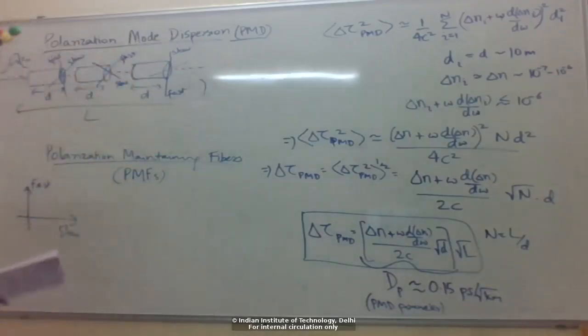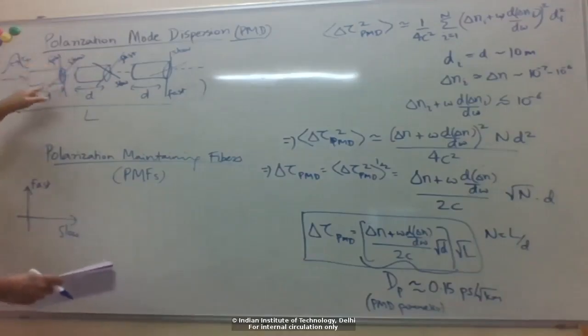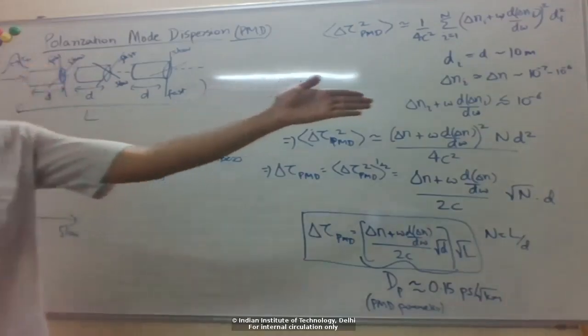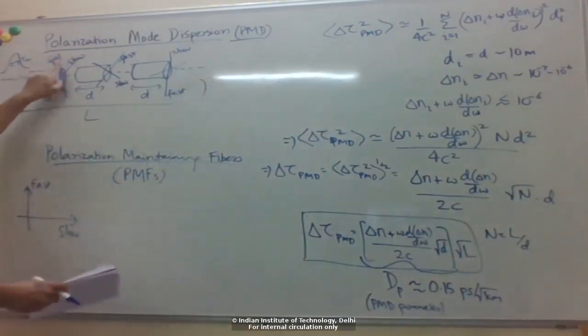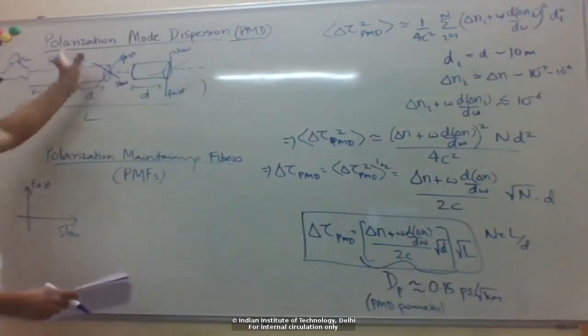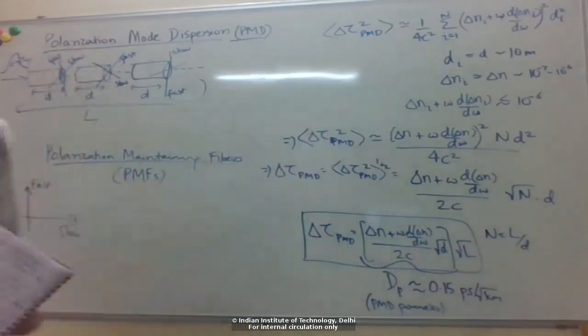If I knew, then if you launch polarization either along the slow or fast axis, it will be maintained along that axis. There will be no mixing. The problem was that because these axes kept changing, I always had components in both of these, which led to a delay between them.